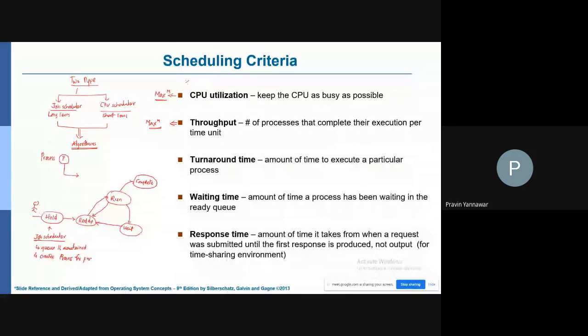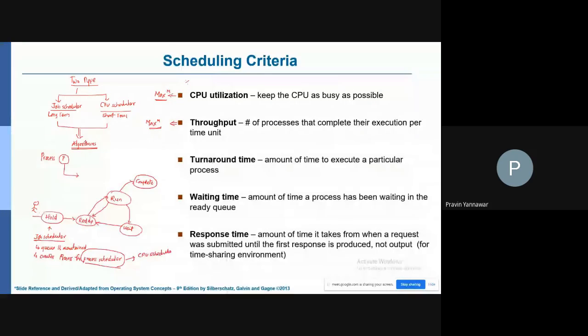Who is the process scheduler? Your CPU scheduler, the short-term scheduler. So your long-term scheduler creates a process for your short-term scheduler, that is, the CPU scheduler.